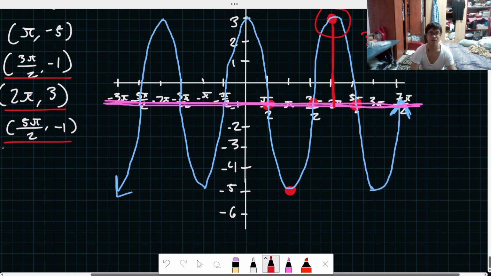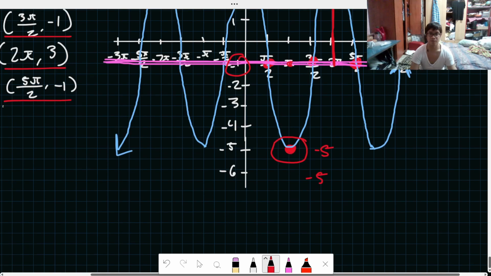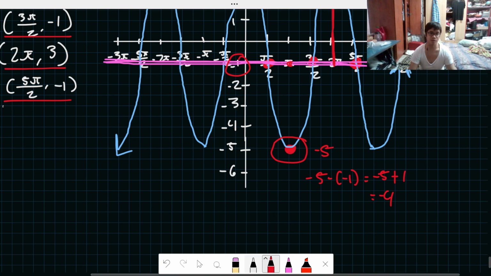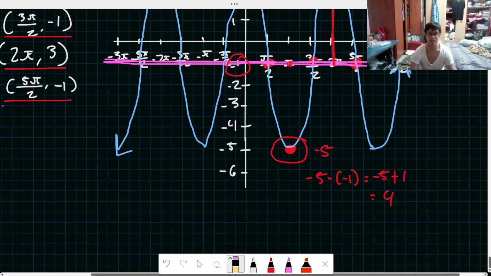Likewise, on the minimum point, your y is -5, and on the midline, it's at -1. So -5 minus -1 is the same as -5 plus 1, which is -4. It is negative, but if you disregard the negative sign, this is +4.